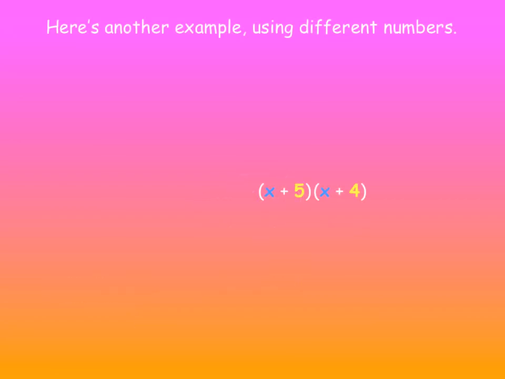Here's another example using different numbers. First times first, x squared. Outer times outer, plus 4x. Inner times inner, plus 5x. Last times last, plus 20.